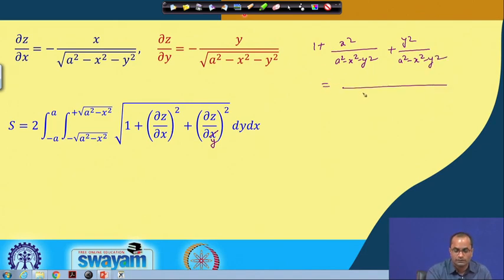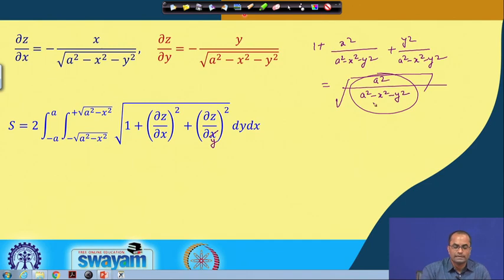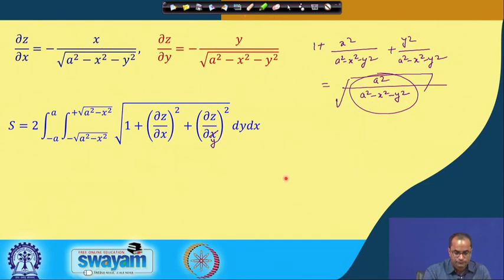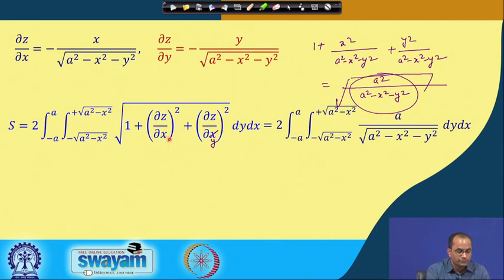So, taking this common, x square plus y square will get cancelled, and then we will get this one. So, this will be a over the square root a square minus x square minus y square. So, again the same limits what we have there, and the integrand becomes a over square root a square minus x square minus y square and dy dx.